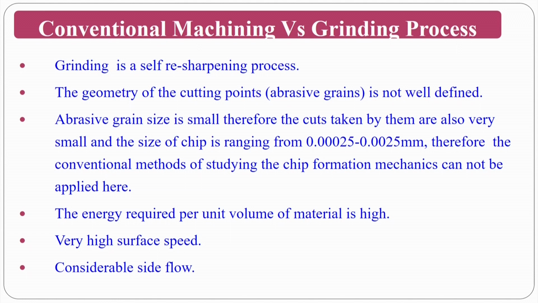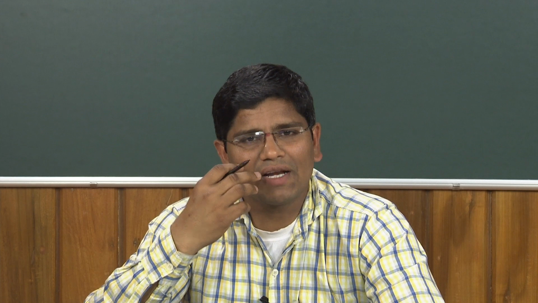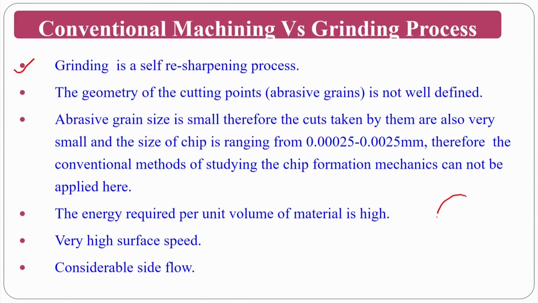Comparing conventional machining versus the grinding process, grinding is a self-sharpening process. Self-sharpening means if the abrasives are gone, new abrasives will come into the picture. That is because the grinding wheel is basically a brittle material. Assume that I have a grinding wheel like this.